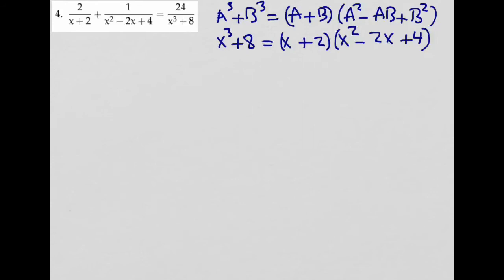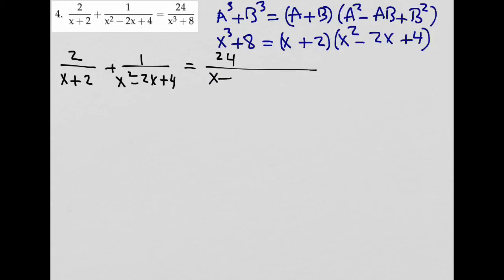So, we have 2 over x plus 2 plus 1 over x squared minus 2x plus 4 equals 24 over x plus 2 times x squared minus 2x plus 4.